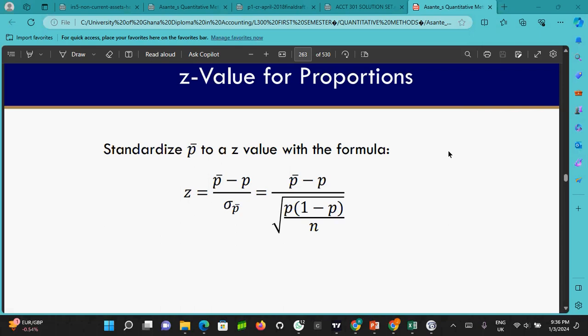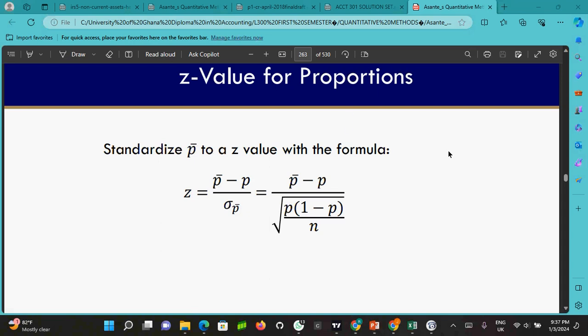So let's say they take the population of our class and then take a sample size of 40, and they ask what is the probability that 15 of the 40 will be ladies.